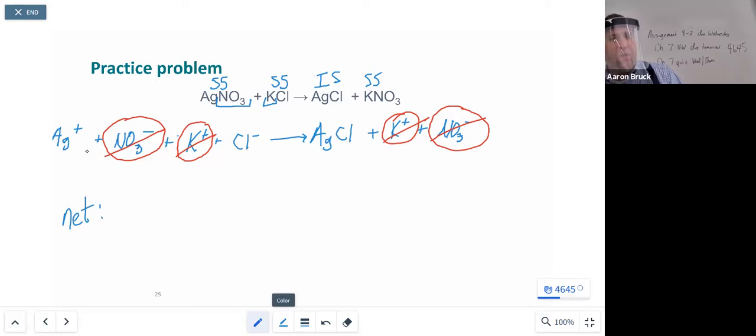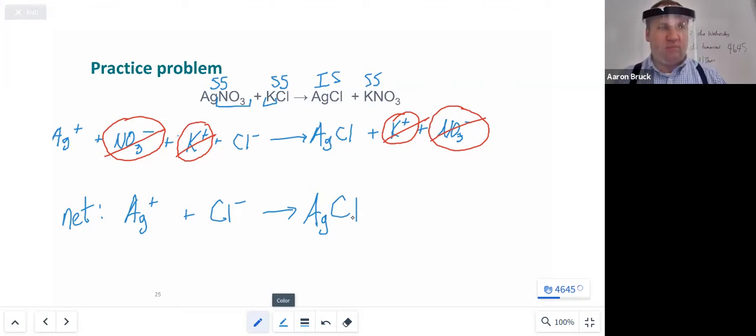My net ionic equation is just going to be the silver ion and the chloride ion making silver chloride. That's all that's taking place inside of this solution. But because we can identify what is actually reacting, we can identify that there is a chemical reaction that would occur when I put these two solutions together.